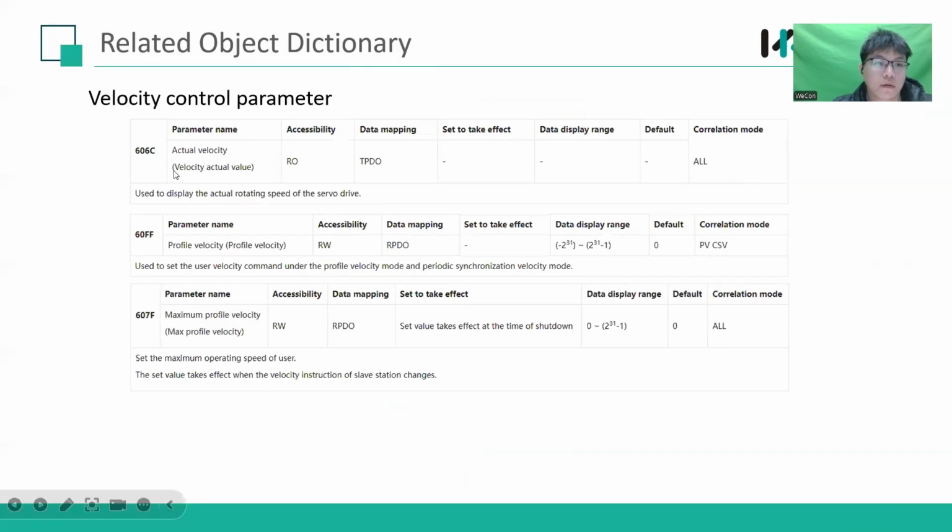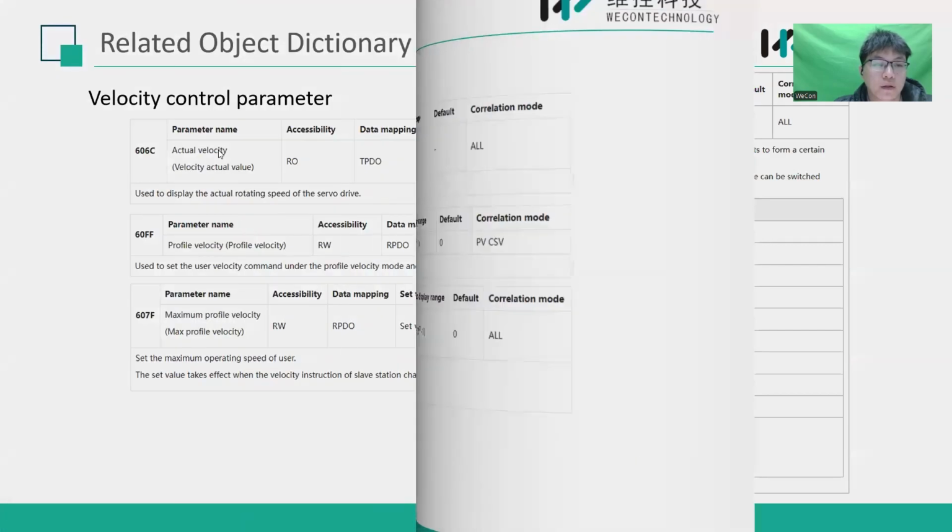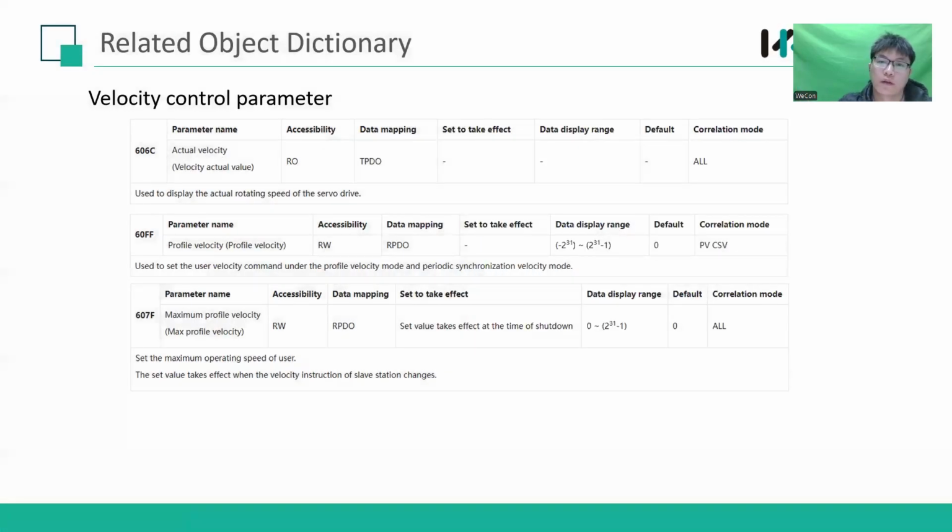These three parameters are our actual velocity, target or profile velocity, and the max velocity limit. Usually we use these three parameters for speed control. We also have forward speed limit and reverse speed limit. If you need these parameters, you can also add them to your PDO configuration.